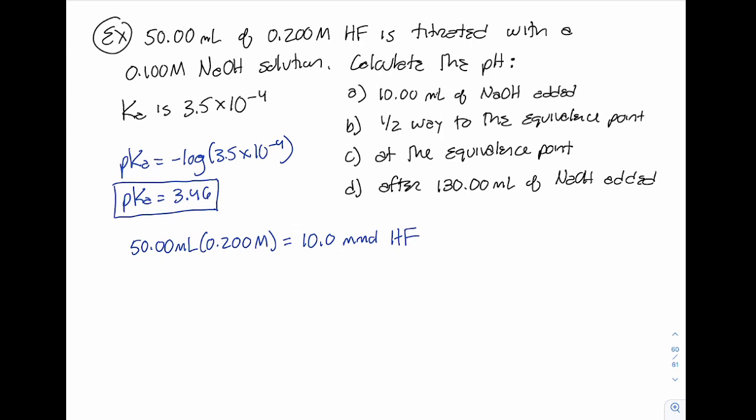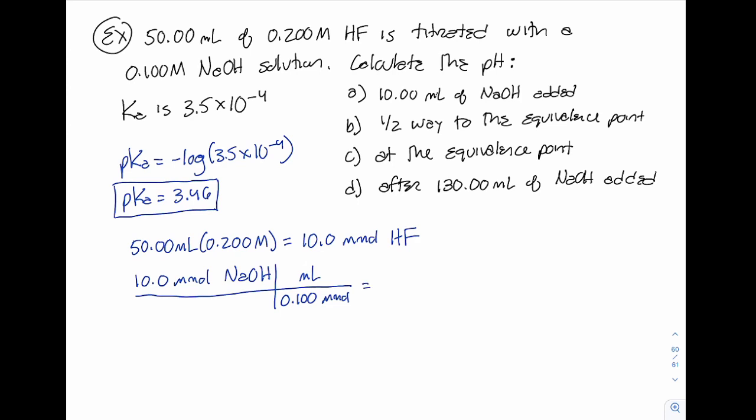I know that at the equivalence point, I also need to have 10 millimoles of sodium hydroxide, right? Those numbers need to be equal at the equivalence point. That's our definition. I know that the concentration of sodium hydroxide that I have is 0.100, again, millimoles per milliliter, so my millimoles are going to cancel when I divide.